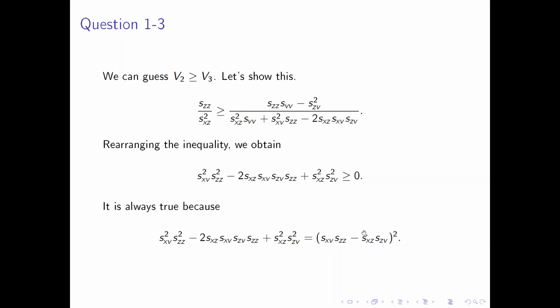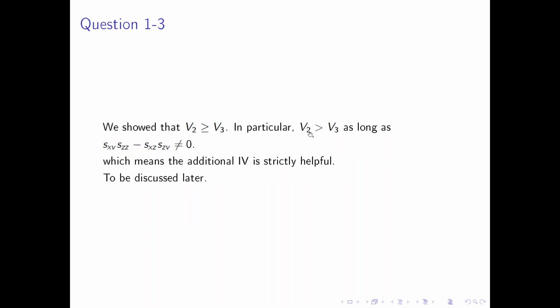They were not equal. That means this is important because V2's variance is strictly greater than V3, right? So that means having another IV is strictly better, the variance is strictly better, right? We will discuss it later after the two-stage least squares discussion.